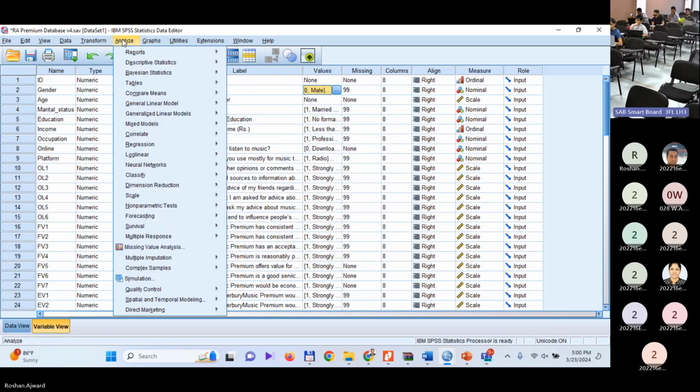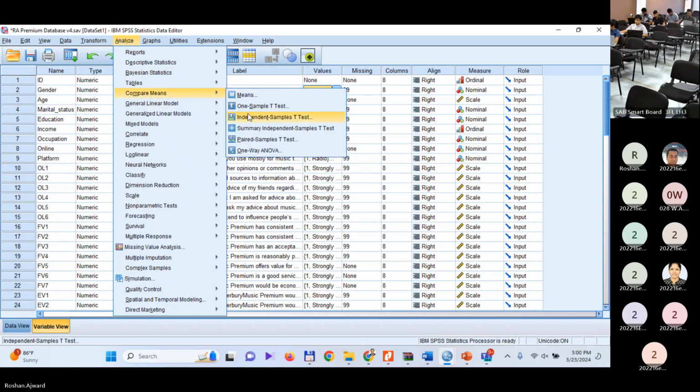Okay, you go to Analyze, then Compare Means, and go to Independent Samples t-test.